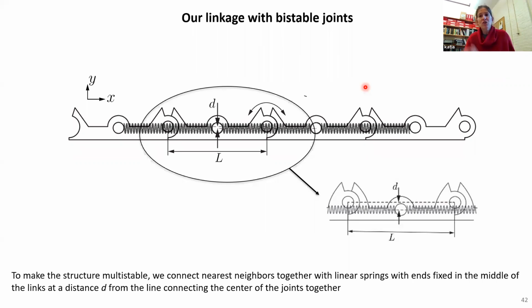To make the structure multi-stable, we introduce linear springs that connect next nearest neighbors. We can play with the location of these springs. The springs go from the center of one bar to the center of the next bar, and we denote with D the distance between the springs and the line connecting the hinges, the joints.